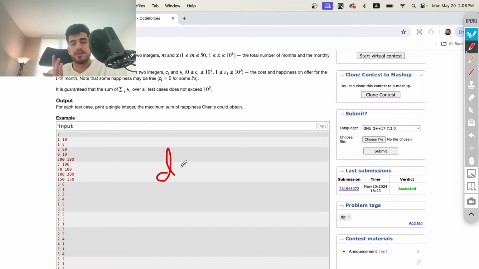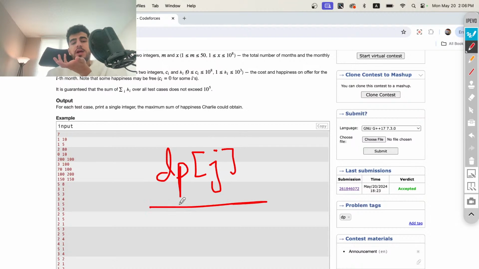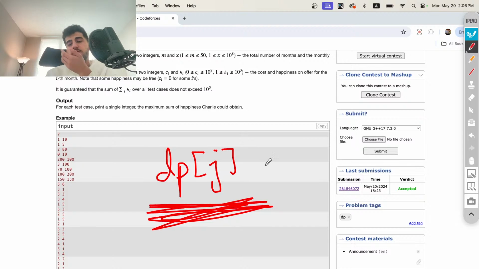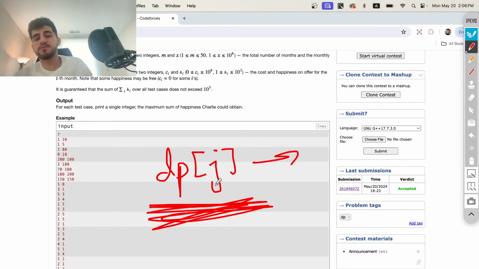It's nothing special. dp of j means assume that my happiness is going to be j. What is the maximum money that I can have? So I fix the amount of happiness and I try to find out the maximum money that I can have with this happiness. That is all I'm going to do.